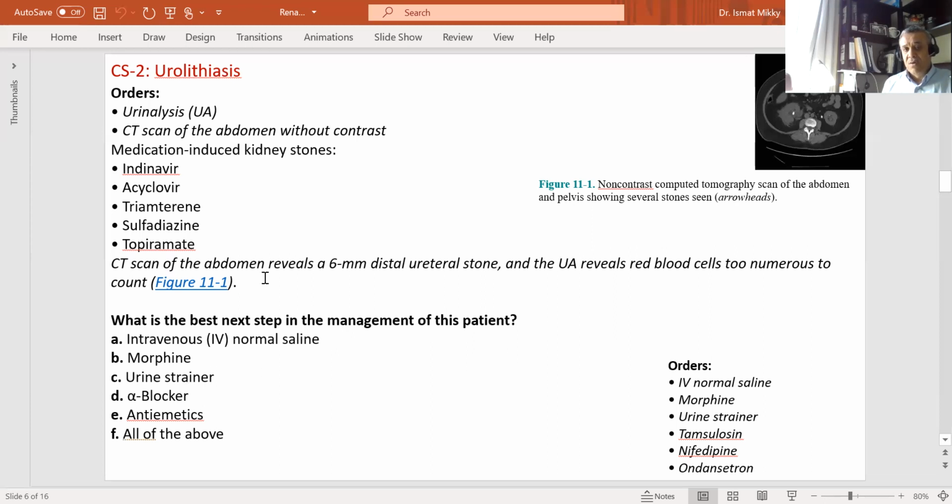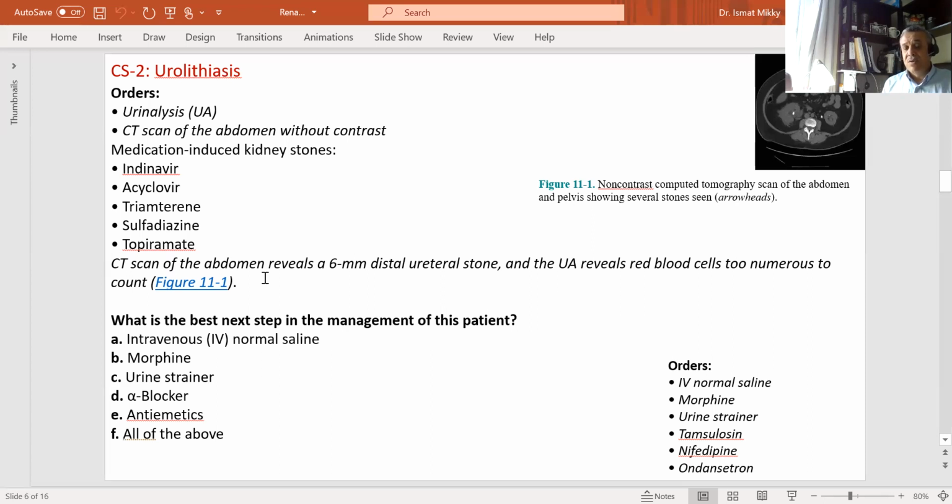ESWL, extracorporeal shock wave lithotripsy. So we call it lithotripsy, which is splitting the stone into small fragments, and that will then easily pass through the urethra. Right after the procedure, once patients are leaving the kidney stone lithotripsy center, the patient should start using the strainer.